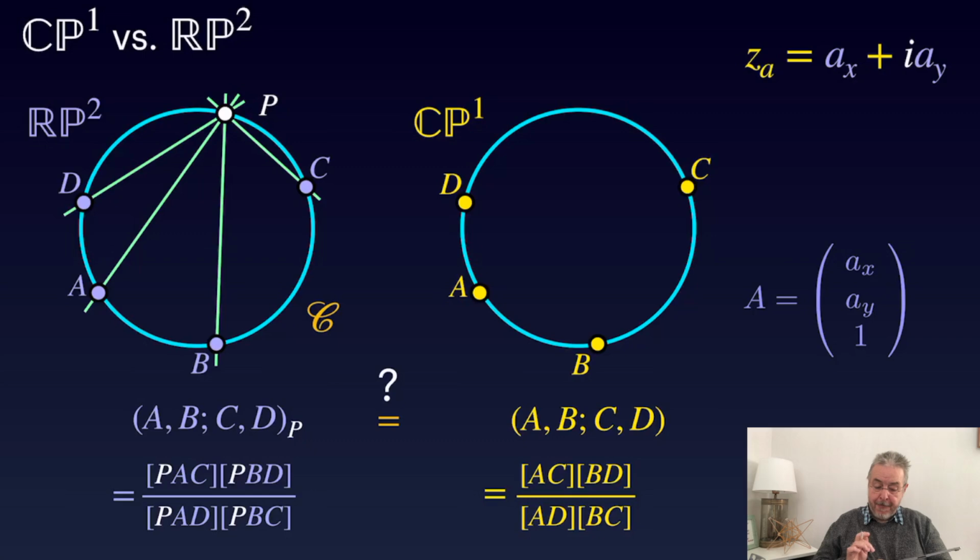So how about the complex world? So if this here was the complex plane, the corresponding point here would be at a position with real part ax and imaginary part ay, and I define a complex number as ax plus i times ay.